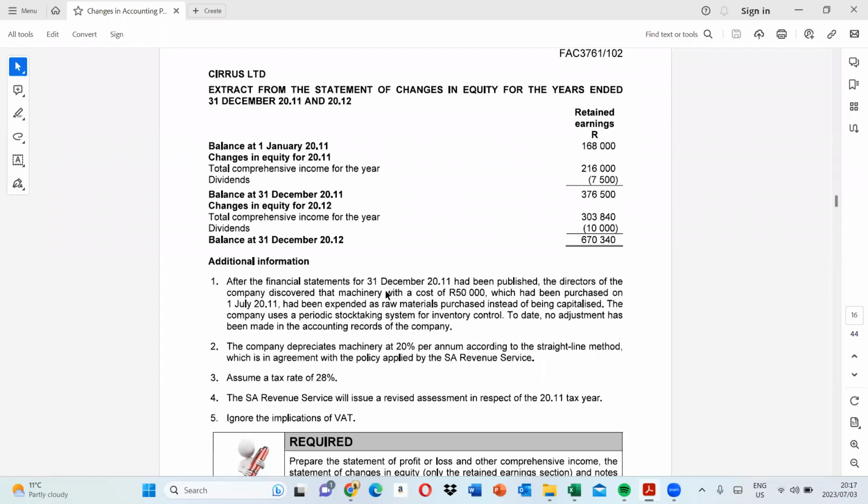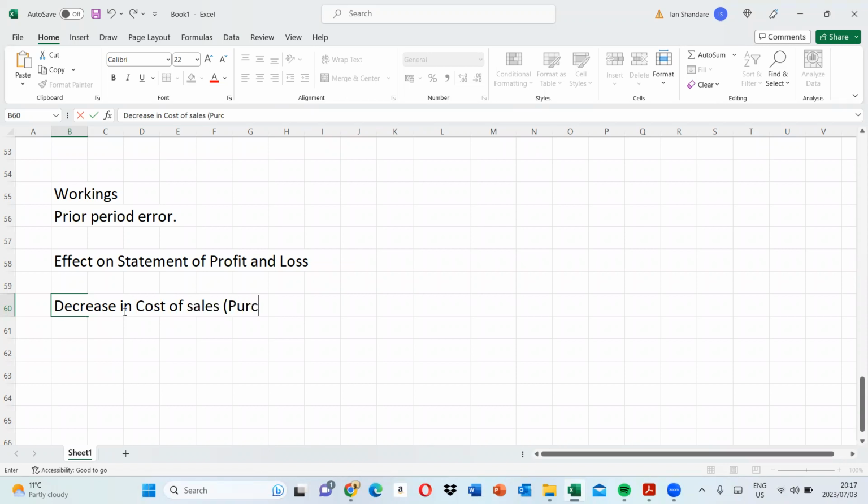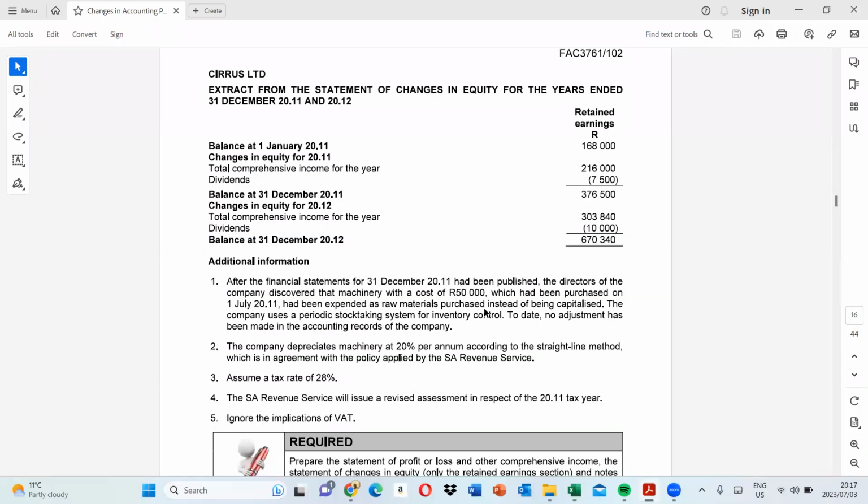Which means, in that regard, with purchases, we take opening inventory plus purchases minus closing inventory. That's what gives us cost of sales. So we are going to have a decrease in cost of sales through purchases of 50,000.